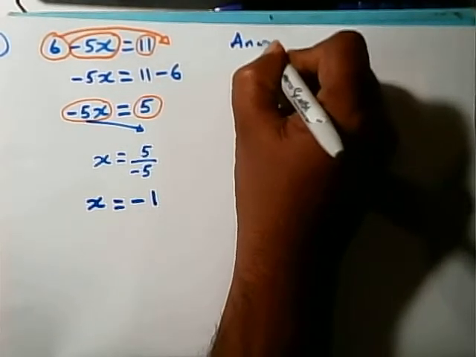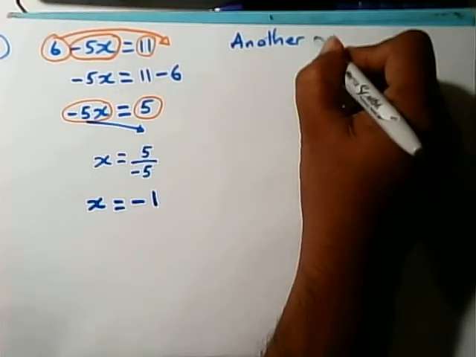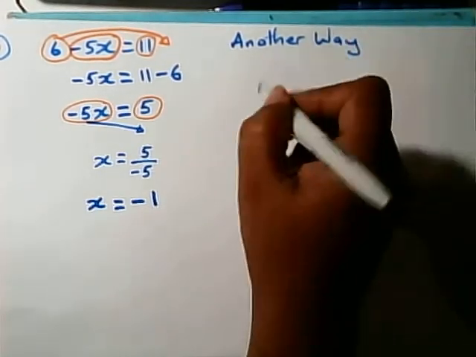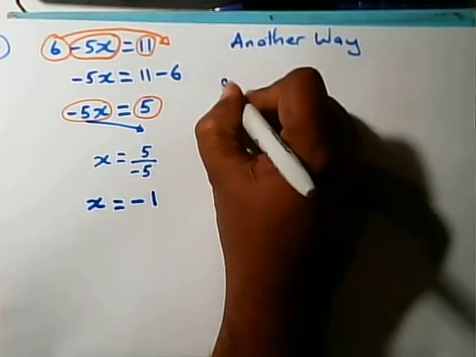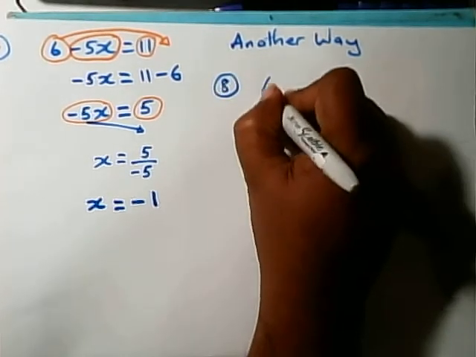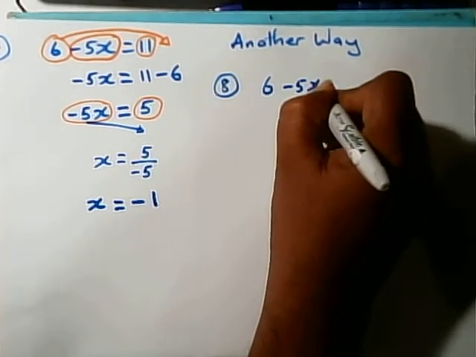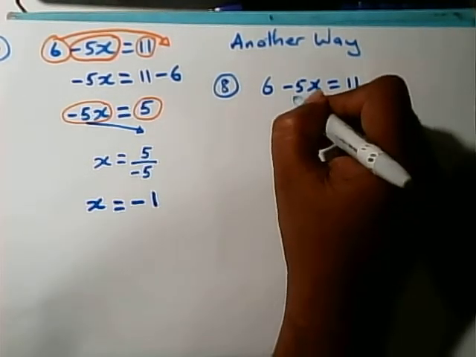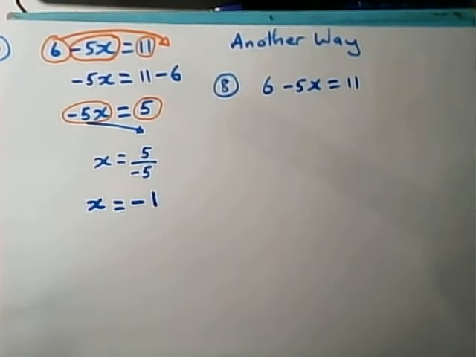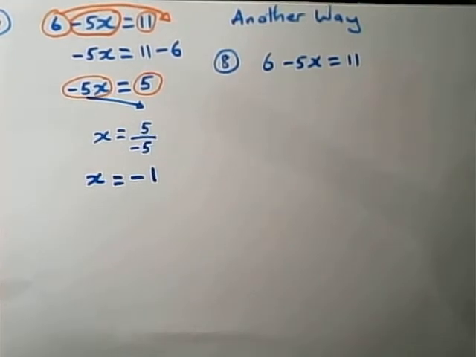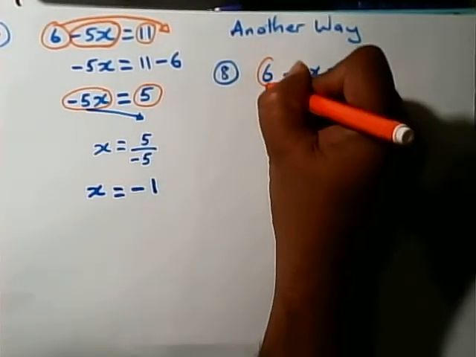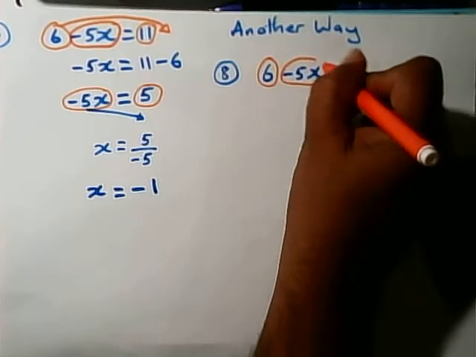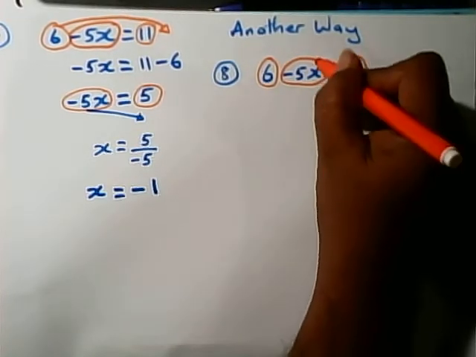Another way to do it, if you had question 8 again: 6 minus 5x equals 11. You could have taken the minus 5x. Well, first of all, let's circle the terms. 6 minus 5x, 11.